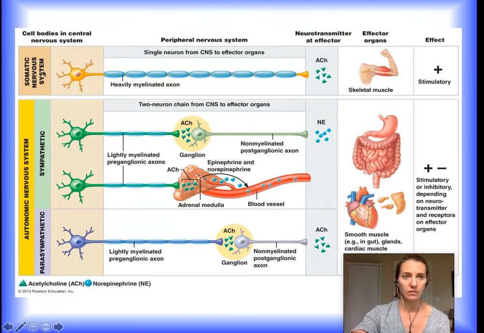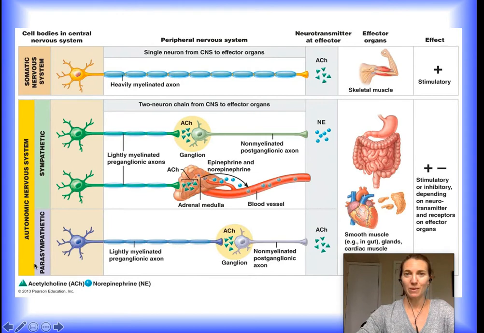The somatic nervous system here, as we saw before, has heavily myelinated axons, typically traveling long distances, and they're always releasing acetylcholine. Their effects are always going to be stimulatory, and the effector organ is the skeletal muscle. In contrast, coming down here, the autonomic nervous system: here's the sympathetic, so fight or flight.